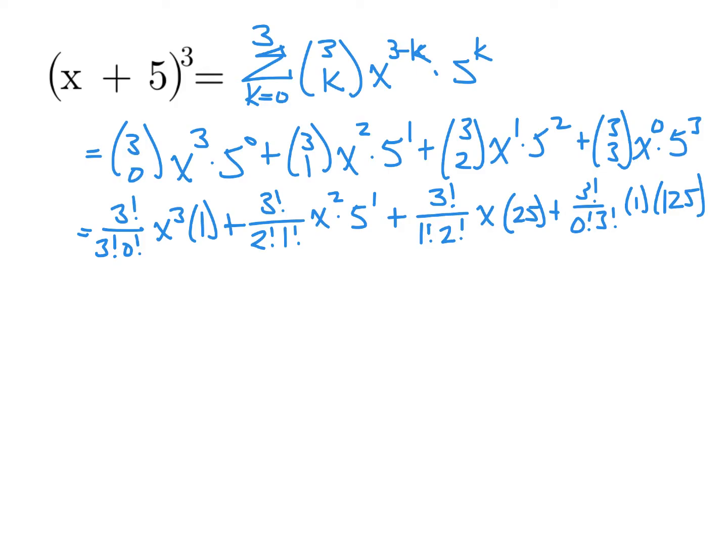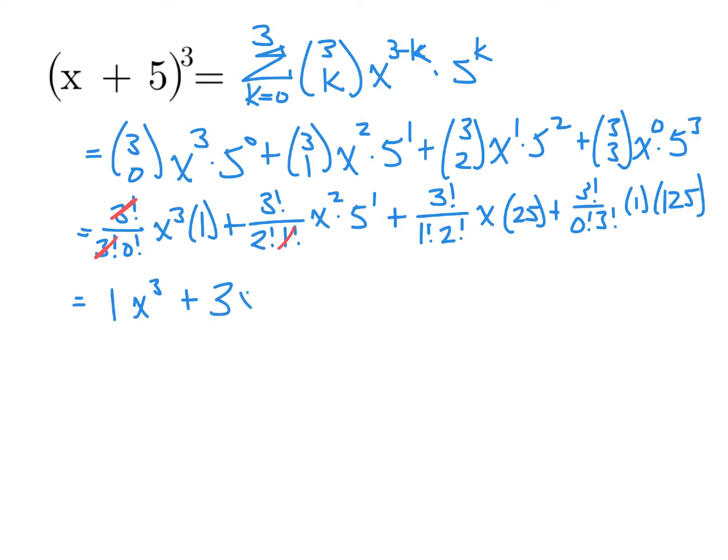Now as we calculate a little bit further, we notice in these fractions the 3 factorials are going to cancel. 0 factorial is 1, so our initial coefficient here is 1 times x to the third times 1. And the next term, 1 factorial is just 1, 2 factorial is 2, and 3 factorial is 6. So 6 divided by 2 is going to give us 3.